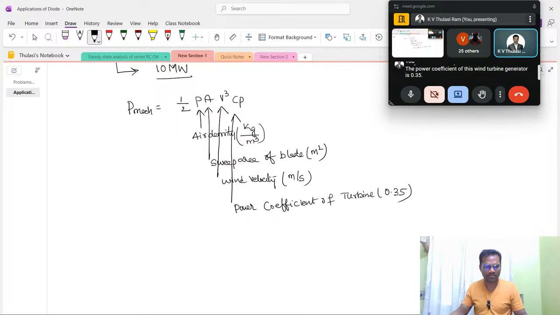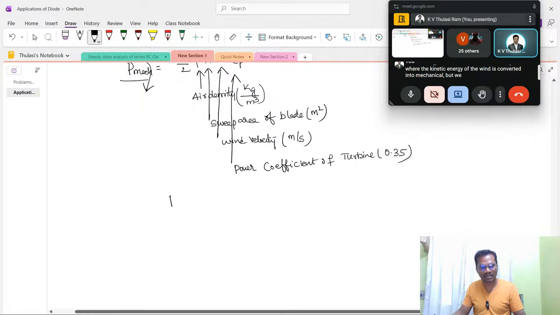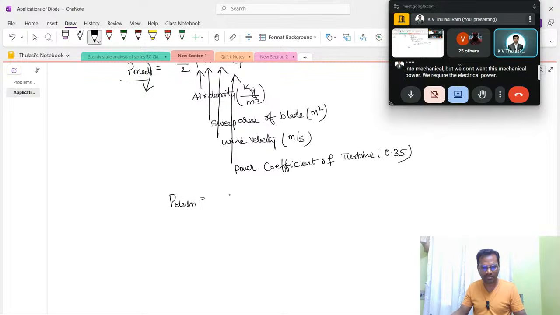Okay, so now this is the mechanical power where the kinetic energy of the wind is converted into mechanical. But we don't want this mechanical power, we require the electrical power. So electrical power is equal to mechanical power multiplied with the efficiency of the gear multiplied with the efficiency of the generator.